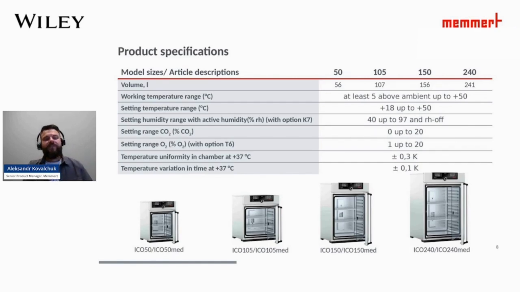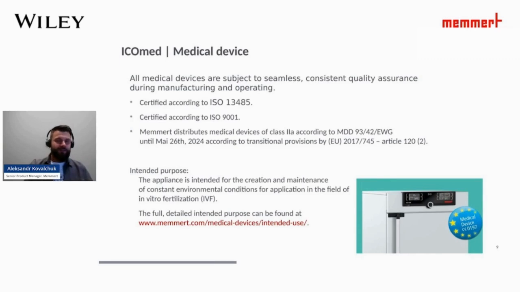The standard incubator comes fully equipped for reliable cell cultivation, featuring stainless steel shelves and a water tray, a CO₂ connection set, and a high temperature sterilization program at +180 degrees for 60 minutes, including all internal components, and individually selectable parameters such as CO₂ level, optional control of oxygen, and active humidity control for maximum flexibility. Every device is available as a medical device, which is very important for medical applications, if we talk about in vitro fertilization or other medical purposes.